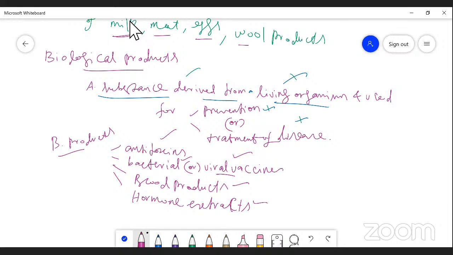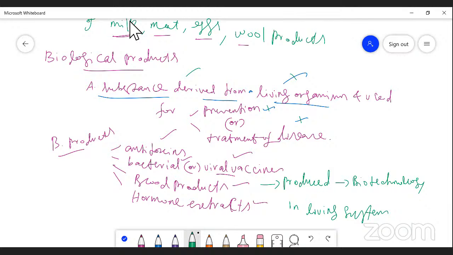Where are these biological products produced? These bioproducts are produced from living organisms with the help of biotechnology, in living systems.